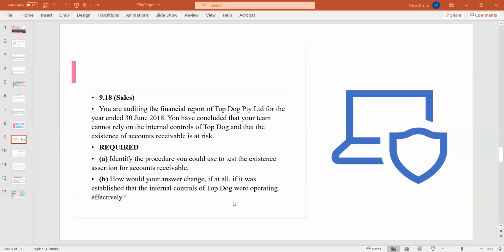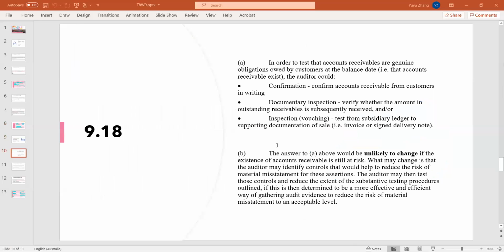Requirement A: please identify procedures you can use to test the existence assertion for the receivable. B: how would your answer change if it was established that internal control was operating effectively? So this question is a very fundamental and also theoretical question, right?